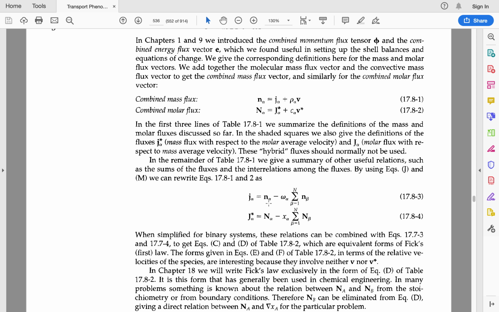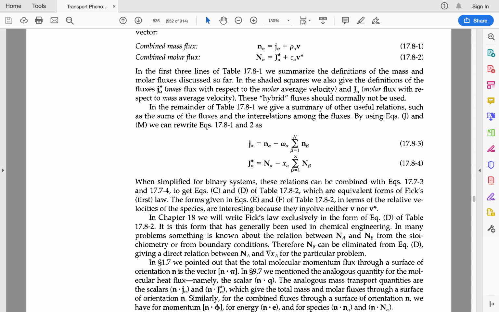So if we write it up, we can write j_A equal to n_A minus rho_A V, where rho V is actually the mass fraction of alpha multiplied with the sum over beta.